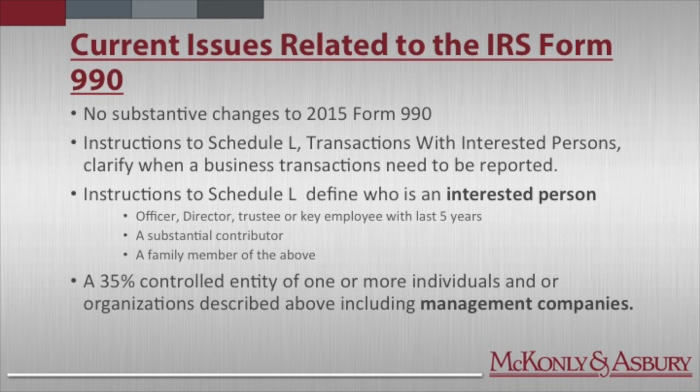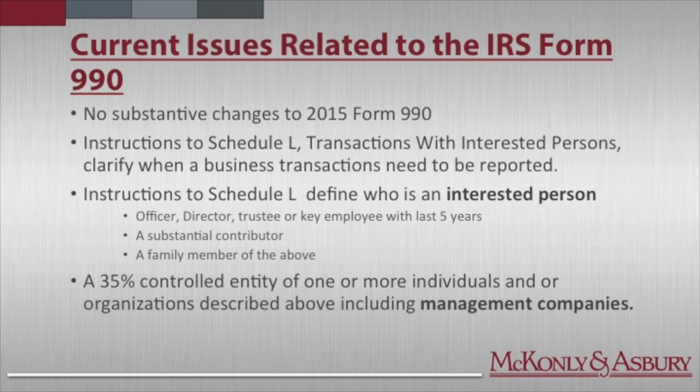So substantial contributors are also considered a related party regarding these disclosures on the Schedule L. And of course, a family member of the above would also be considered an interested person.